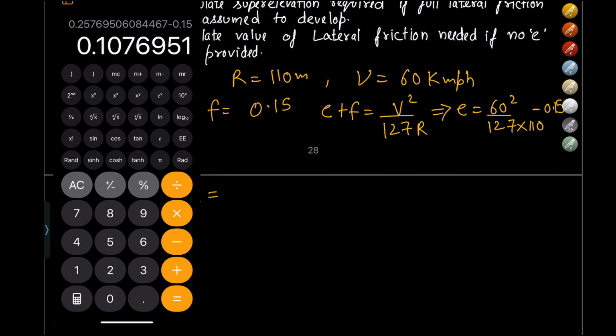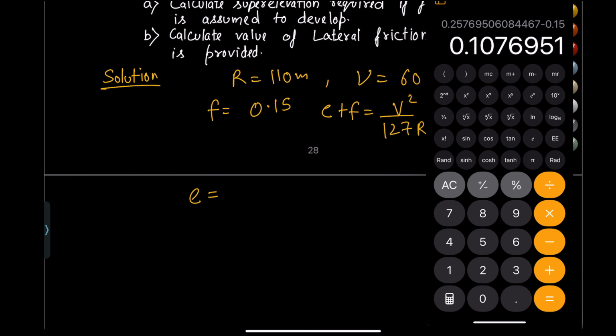The value is coming out to be 0.10769. Since only super elevation has been asked, this is what the value will look like.